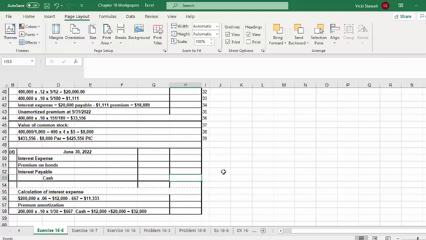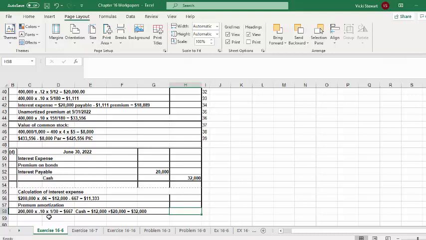But if you remember, we're going to pay the interest payable that we accrued on the $400,000 bonds above at May 31st. So we're actually going to pay $32,000 in cash. The premium amortization on the remaining $200,000 of bonds would be $200,000 times 10%, which would give us the premium of $20,000.